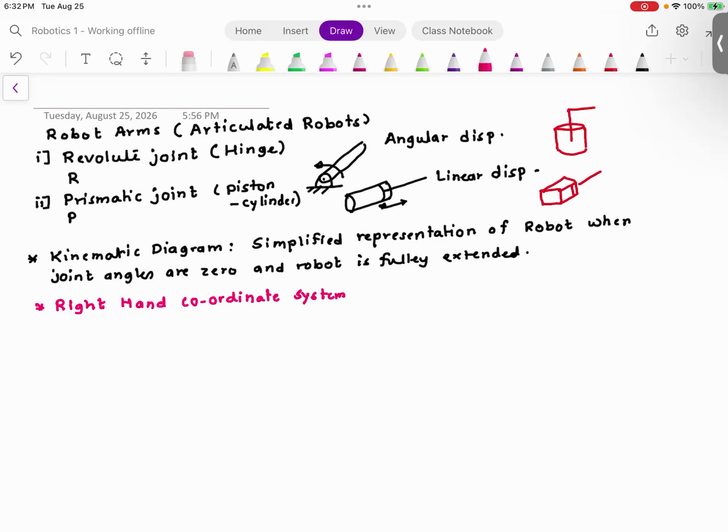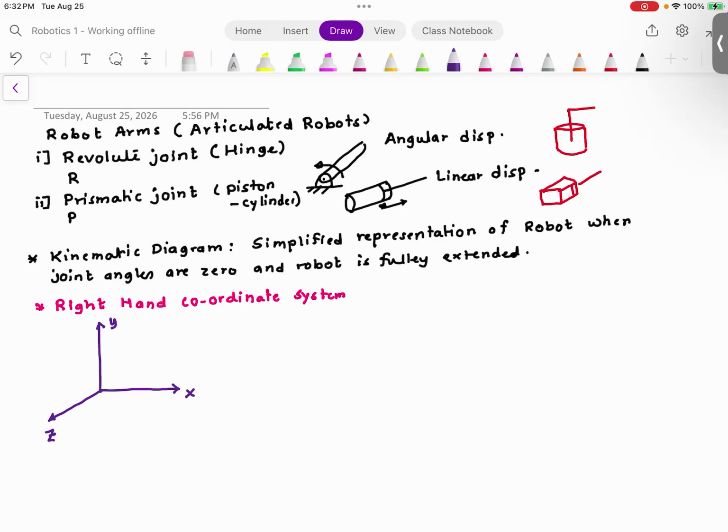What is this right-hand coordinate system? In the right-hand coordinate system, you have a triad. Triad means 3 mutually perpendicular axes. This is your x-axis, this is your y-axis, and this is your z-axis.